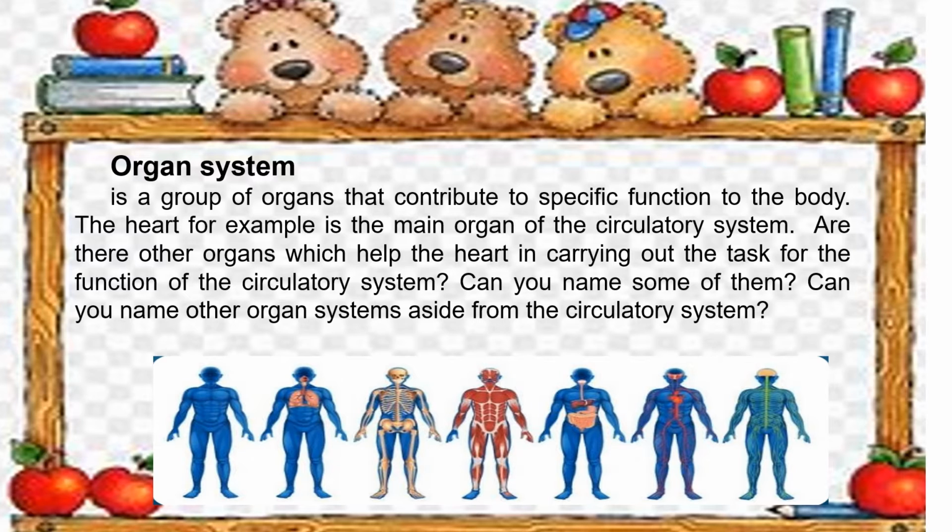That is why when we talk about heartbeat, the main organ of that is the circulatory system, or the organ heart falls under the circulatory system. So these organs help the heart in carrying out the task for the function of the circulatory system.